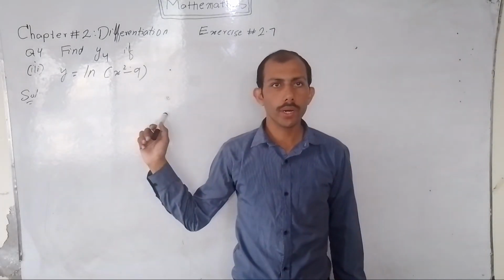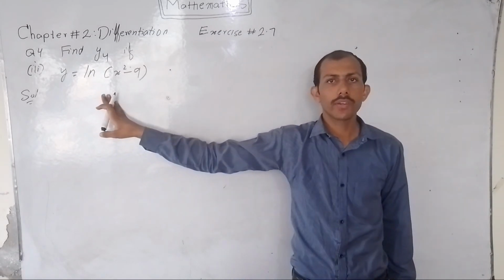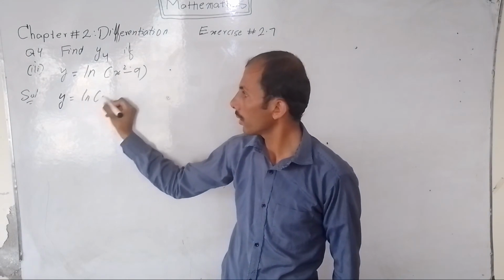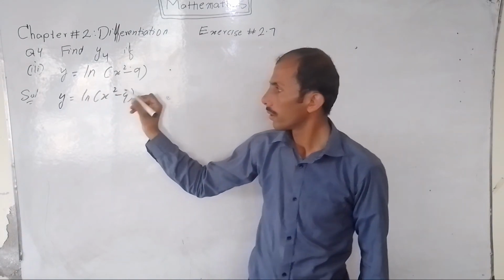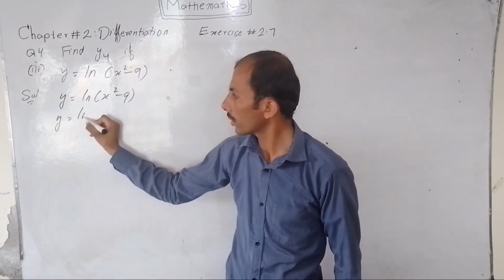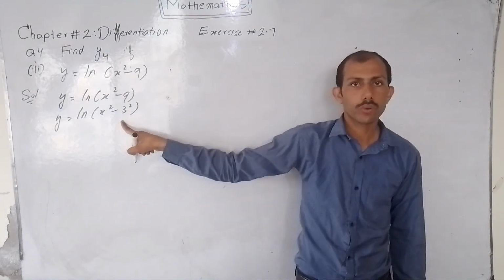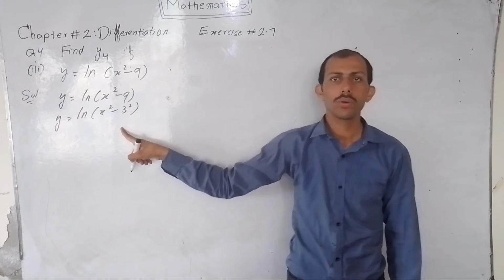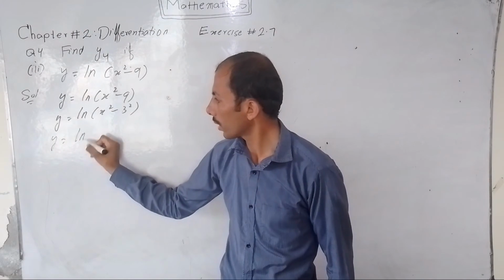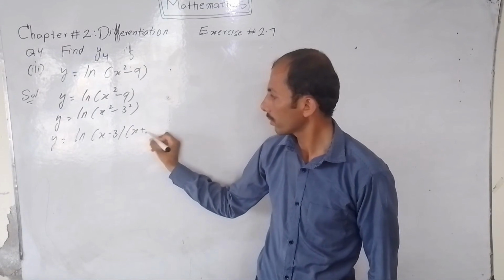Next, question 4 part 3. y is equal to natural log of x square minus 9. First, y is equal to natural log of x square minus 9. y is equal to natural log of x square minus 3 square, since 9 can also be written as 3 square. y is equal to natural log of x minus 3 times x plus 3.